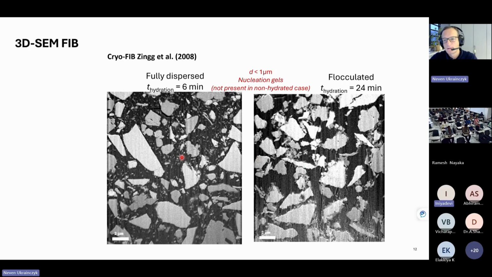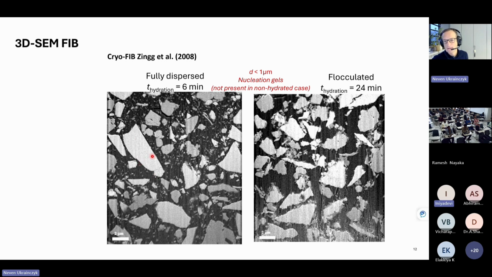So this you can see already in 2008, there is this focused ion beam scanning electron microscope. I think this is backscatter, so we can see that the white is the lighter elements, the cement particles, and the black are the pores. Or maybe it's just secondary electrons.